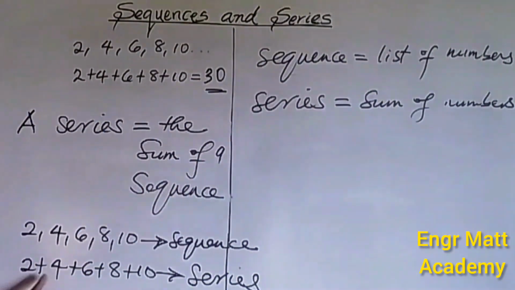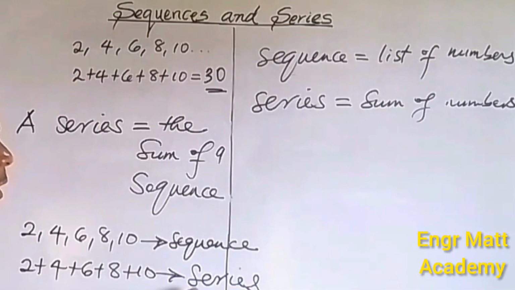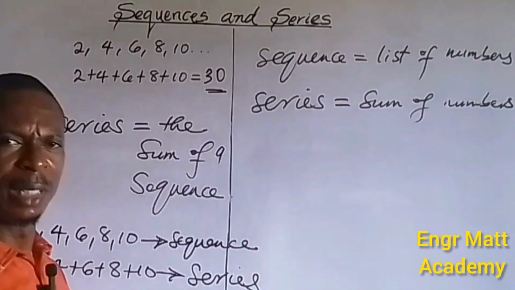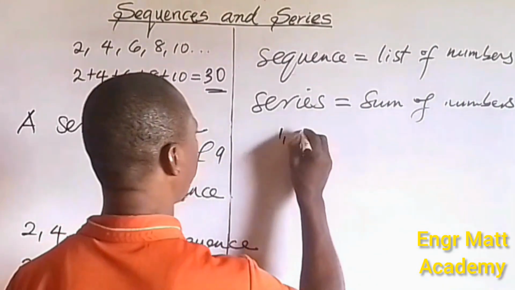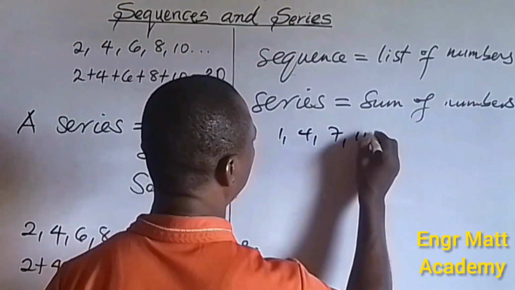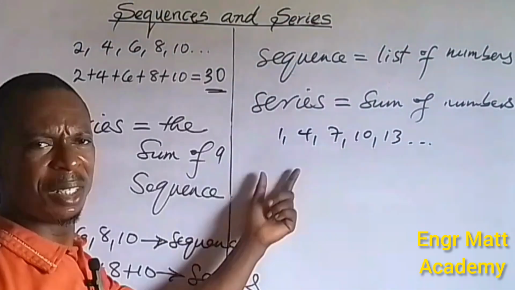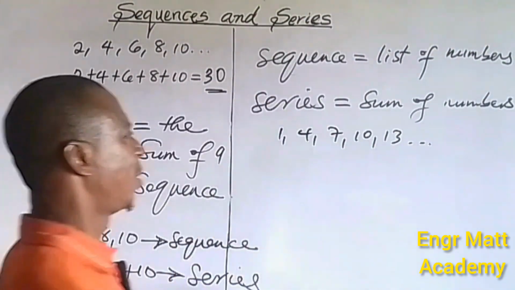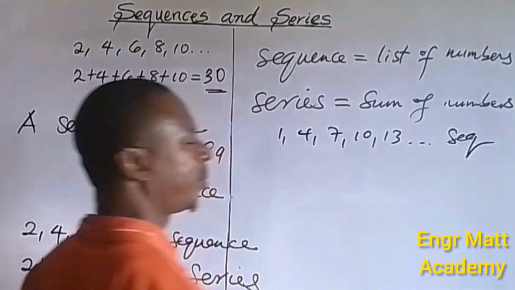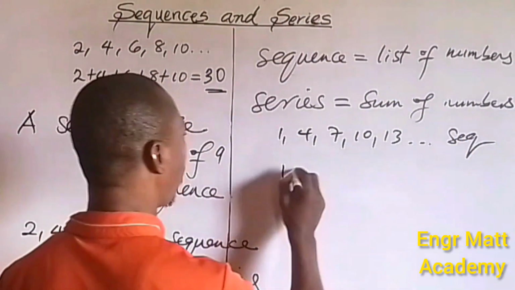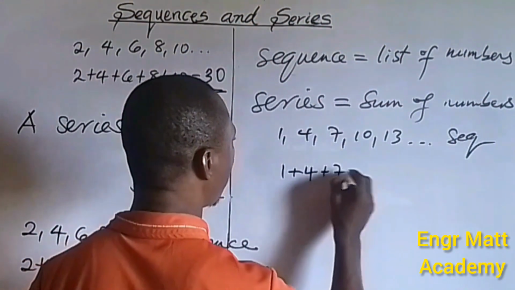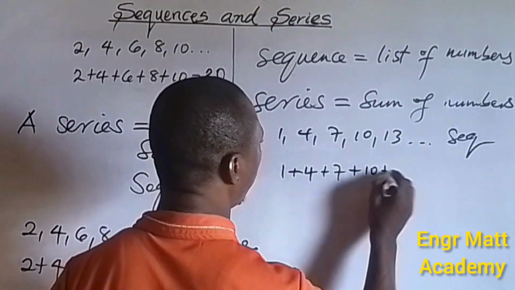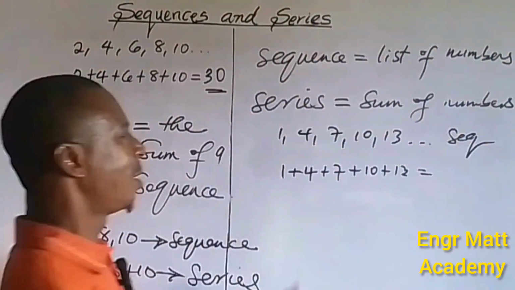And when you see pluses, think series. Now look at this: 1, 4, 7, 10, 13. A series or a sequence? Sequence. What about 1 plus 4 plus 7 plus 10 plus 13? What is this? Series.